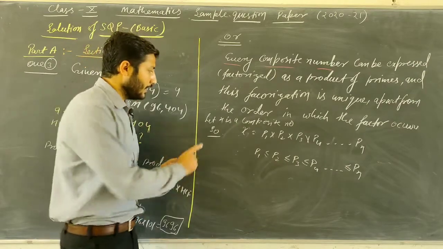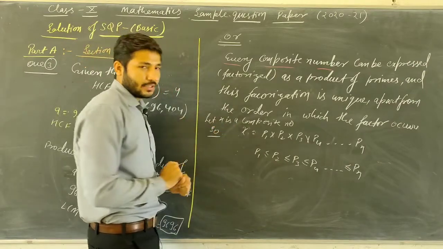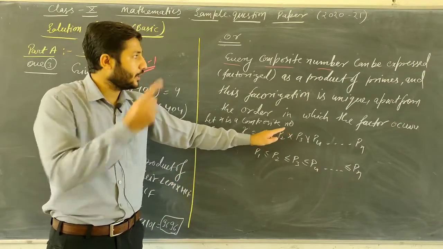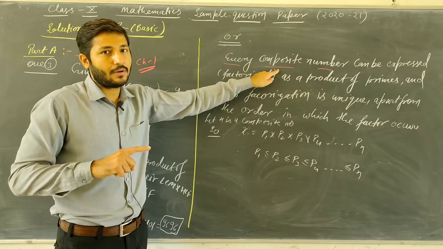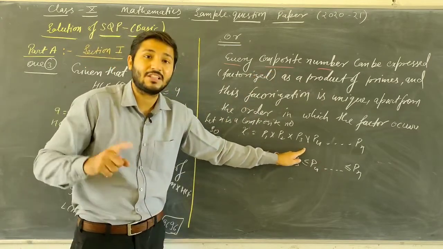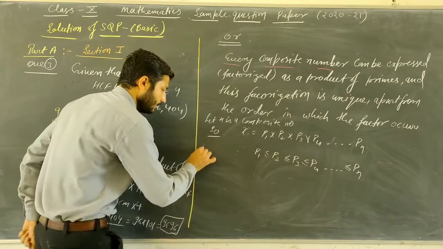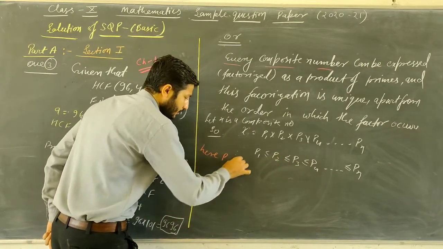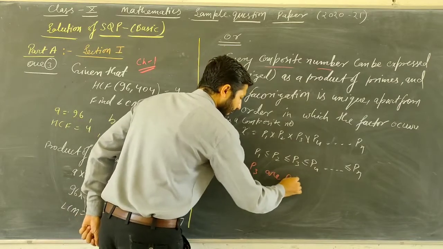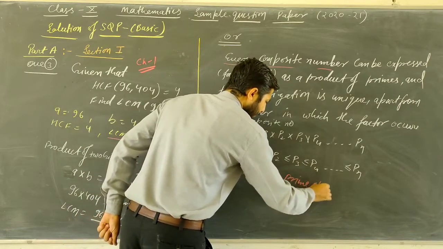Now let x be a composite number. Give an example: x is a composite number. So according to the fundamental theorem of arithmetic, we can write x is equal to p1 into p2 into p3. What are p1, p2, p3? Here p1, p2, p3 are prime numbers.